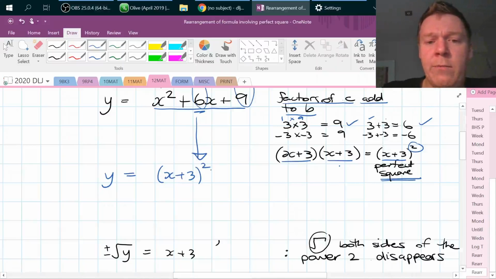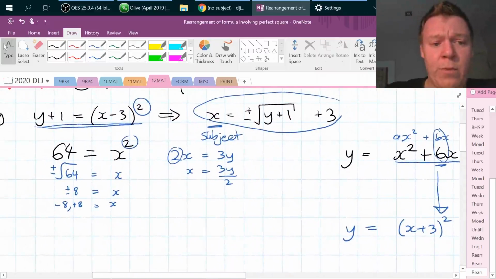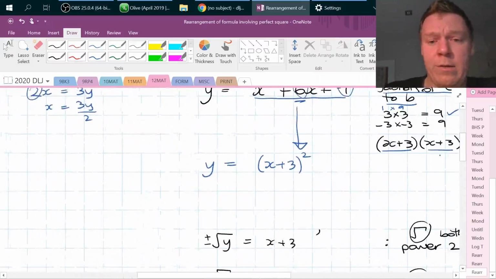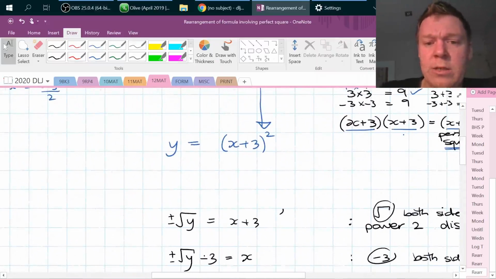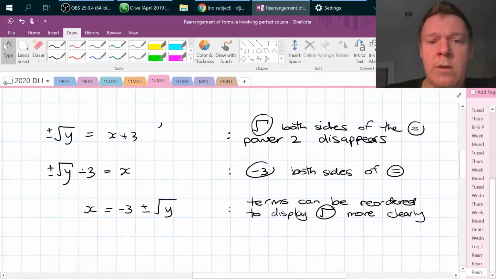Now, the squared, we can get rid of that the same way that we got rid of the squared in the 64 equals x. These are good notes to take if you want to re-watch the video and copy them down, but just watch for now.